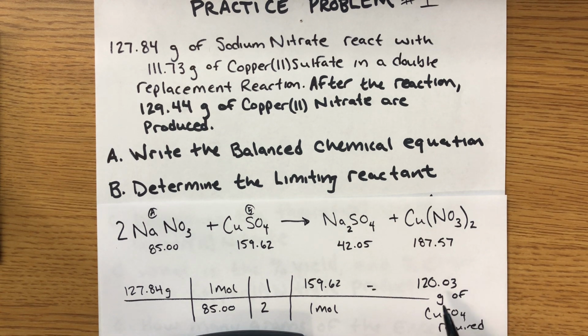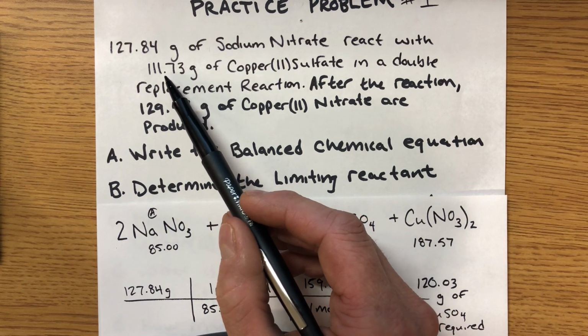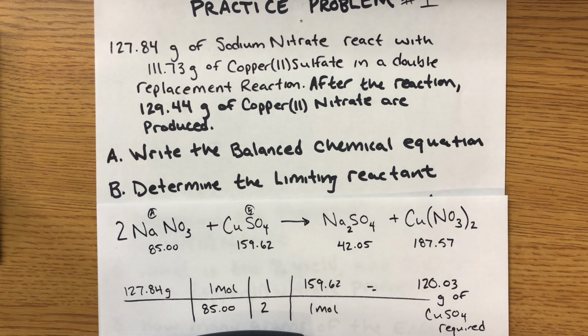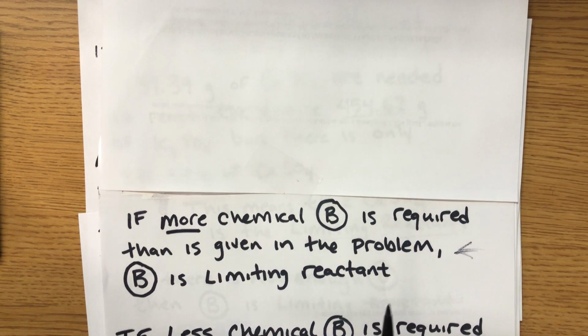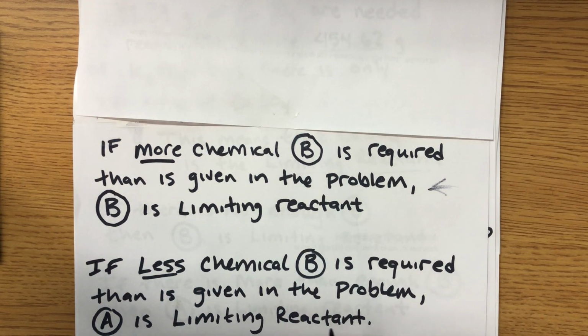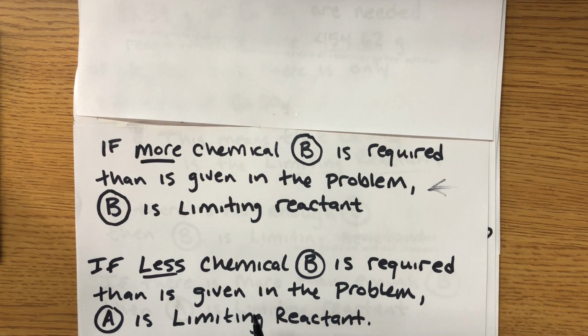This is now where we compare that amount of copper sulfate required to the amount of copper sulfate that we've been given in the problem. And this is from a previous video. And remember this, if more of chemical B is required than given to you in the problem, then B is the limiting reactant.